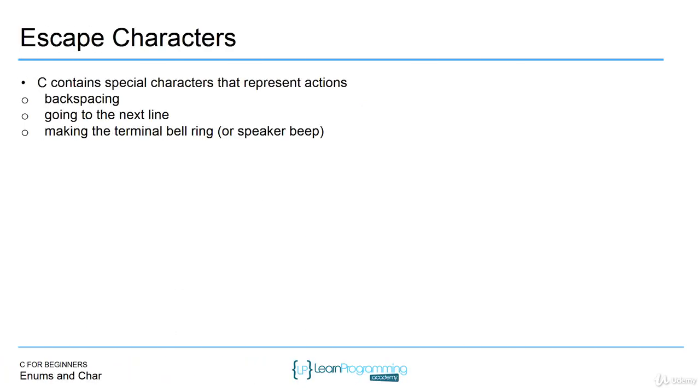Escape characters. This is a specific term that you're going to hear about, where basically it's a special character that represents an action in the C programming language. So for example, you can have a special character that represents a backspace, or a special character that represents the new line, or a special character that represents the terminal bell ring.